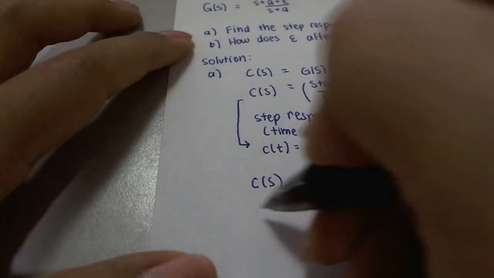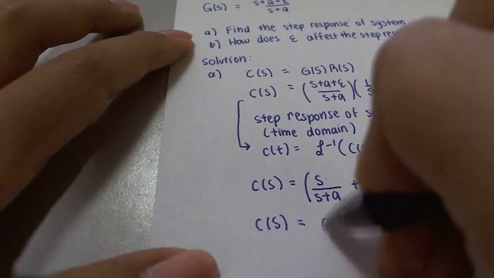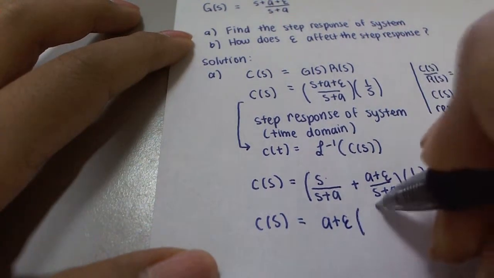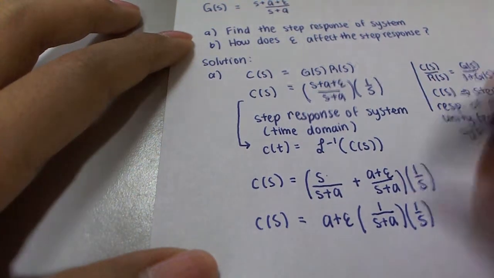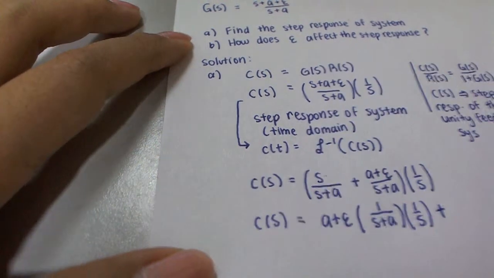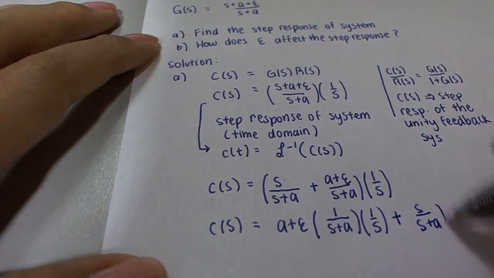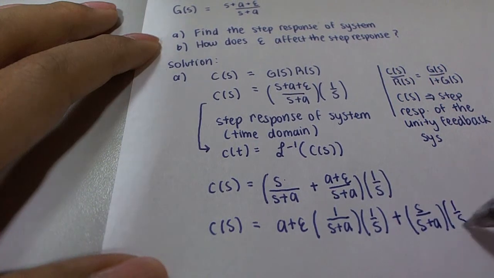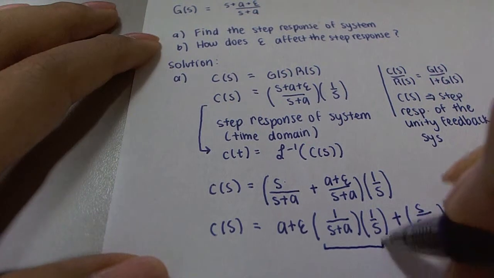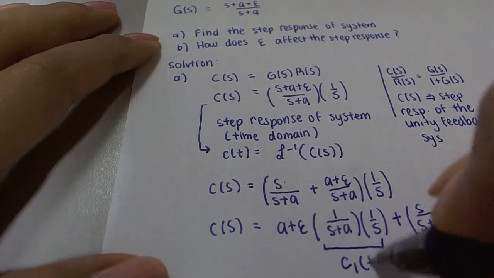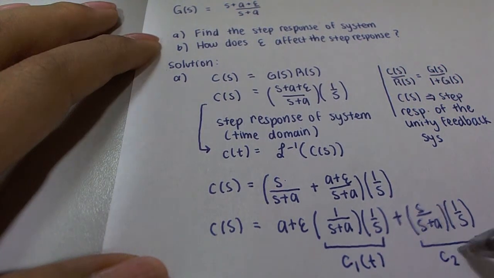So rewriting the whole term again, I'll write this term first. I'll have (a + epsilon) multiplied by 1 over (s + a) multiplied by 1 over s. And then the second term, I will have s over (s + a) multiplied by 1 over s. So I will call this section over here C1 of s, and the second section over here C2 of s.